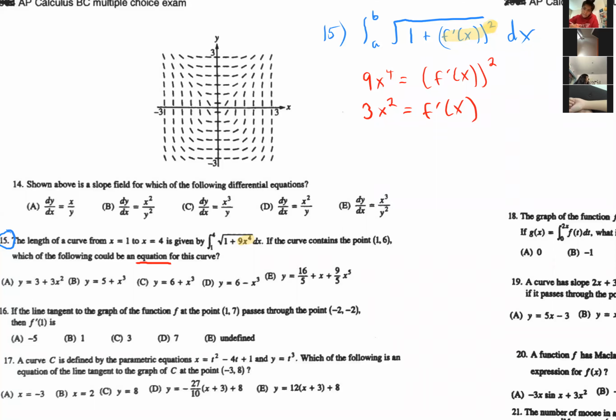So if I want to find f of x, I have to take the integral of both sides. So I already took the integral of the right side, it's just f of x. I take the integral of 3x squared, you add 1 to the exponent, so you get 3x cubed over 3, which is just x cubed, don't forget your plus c.